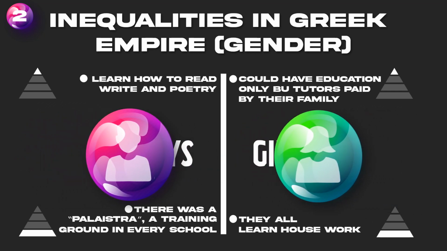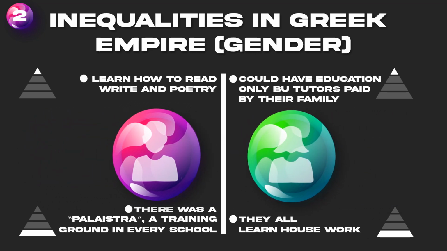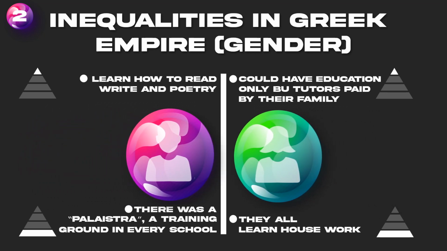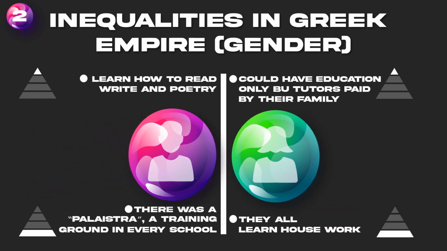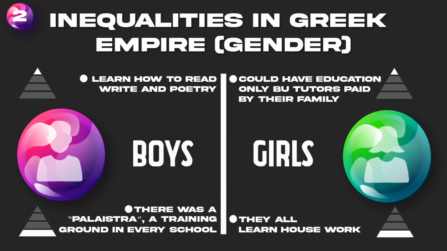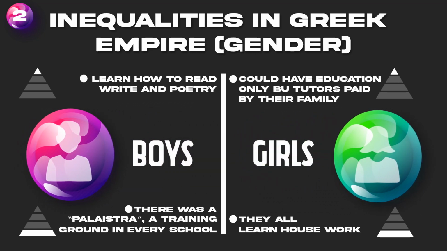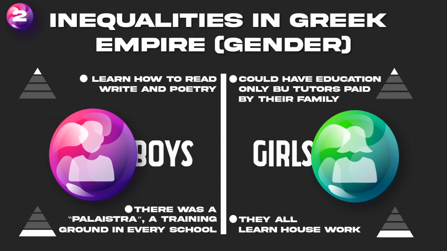For those at the bottom of the pyramid, there was a palestra, which was a training ground in each school. The girls at the top of the pyramid had a tutor paid by the family. For those who were less lucky at the bottom of the pyramid, they didn't have the chance to go to school, they only did housework.